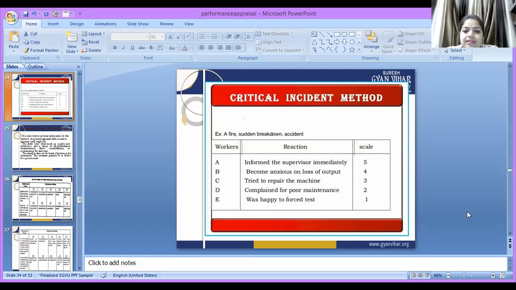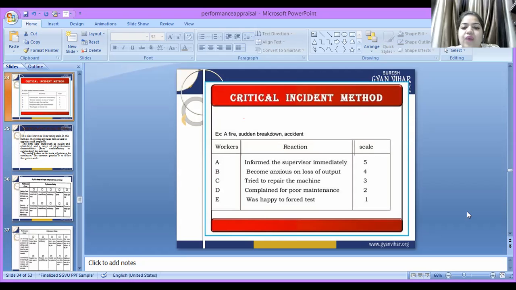So that means, for example, a fire, sudden breakdown, or accident. There are five workers available: A, B, C, D, and E. The reaction of A is to inform the supervisors immediately.